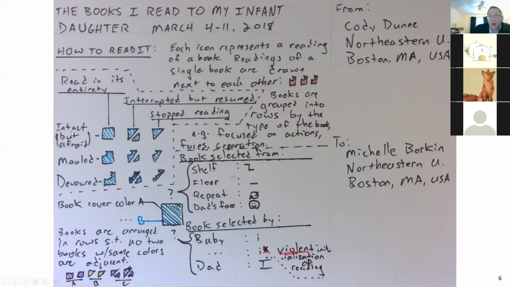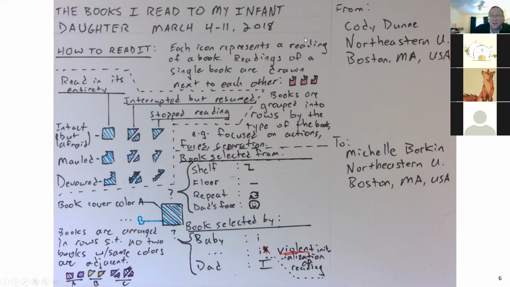So whether the book is intact, whether the book was mauled, whether it was devoured, what color the book was, or the books were arranged in rows of two books of the same colors and adjacent, where the book was selected from, the floor, the shelf, whether it was repeated multiple times, whether it was selected from Dad's face.